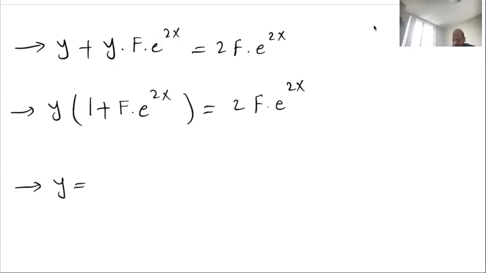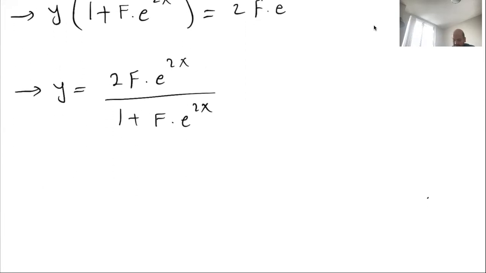And then y will be equal to 2f e to power 2x divided by 1 plus f e to power 2x. So this will be the solution for our equation.